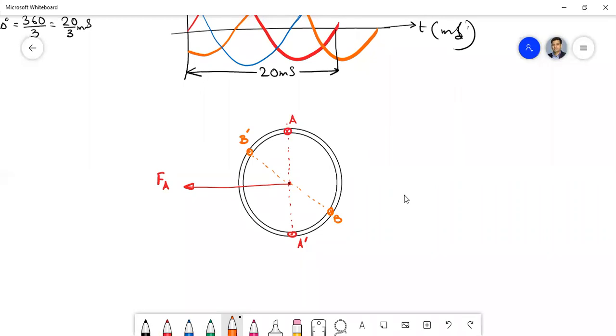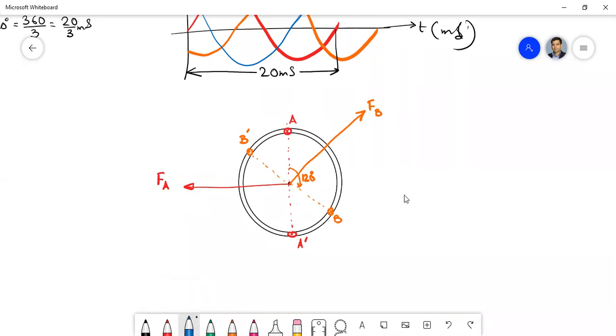So 120-degree angle with FA towards the A. So that means this way. I have not mentioned any angle, but you have pointed out correctly, this would be 120 degrees only. So this will be the magnetic field direction of the B winding.